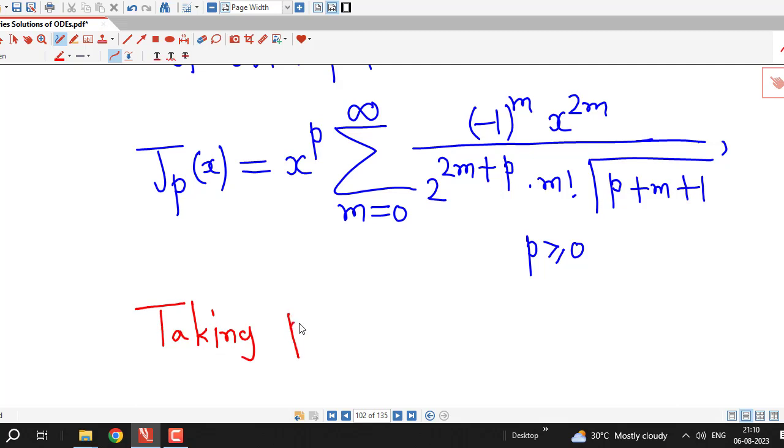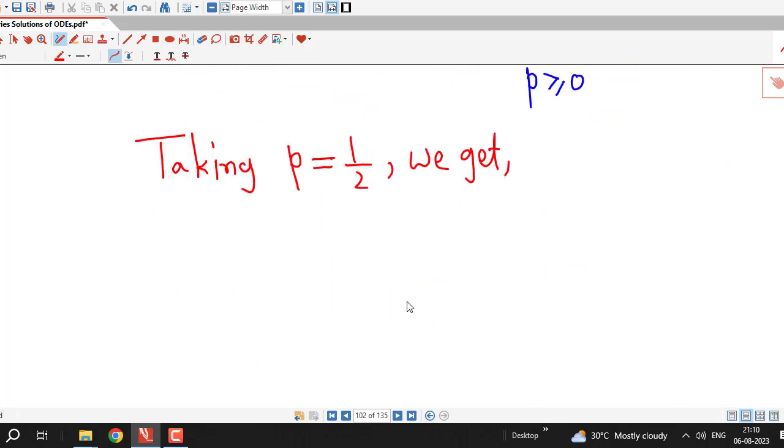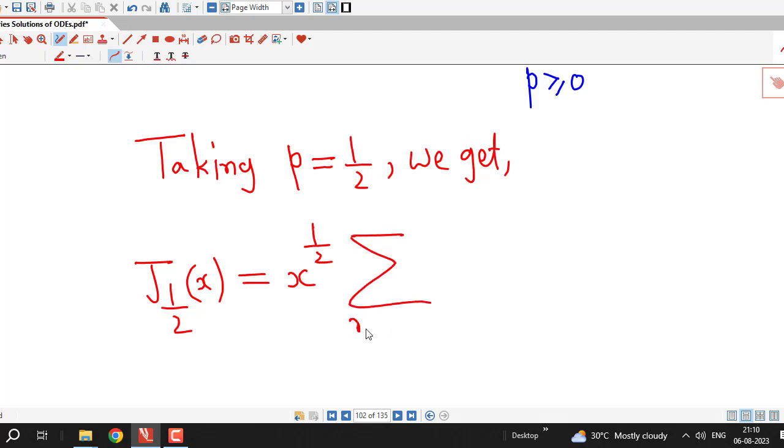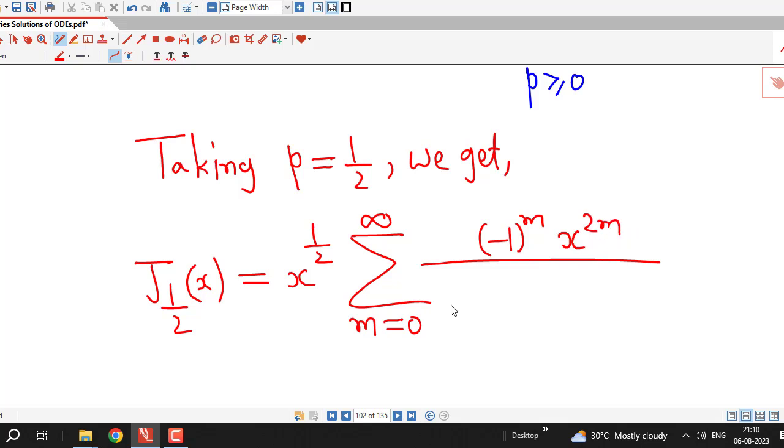So taking small p equal to 1 by 2, we get, so now we are writing J suffix 1 by 2 function of x. We have x raised to p, that is x raised to 1 by 2, sigma m equal to 0 to infinity, minus 1 to the power m x to the power 2m, over 2 to the power 2m plus p.